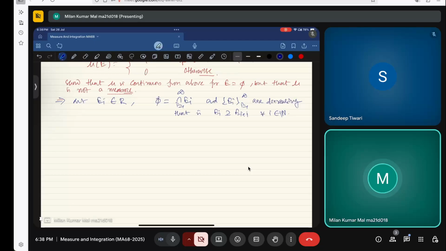So there exists E_i greater than or equal to E_{i+1} if E_i is infinity.